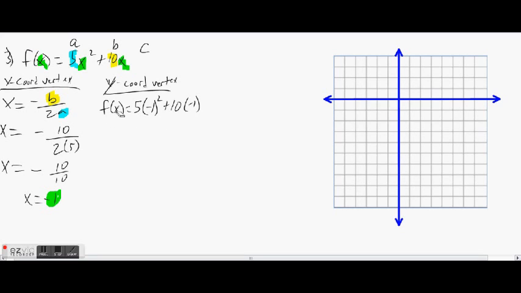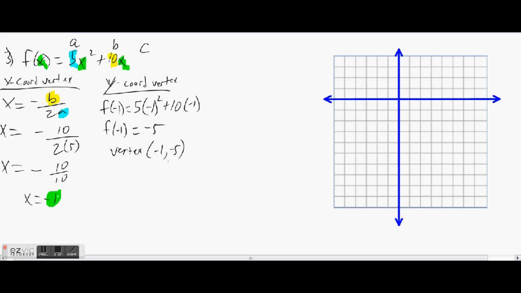That x should have been -1. So f of -1 is equal to, and again, just straight calculator work, -5. So what does this mean? Again, this means when x is -1, y is -5. So my vertex is -1, -5.